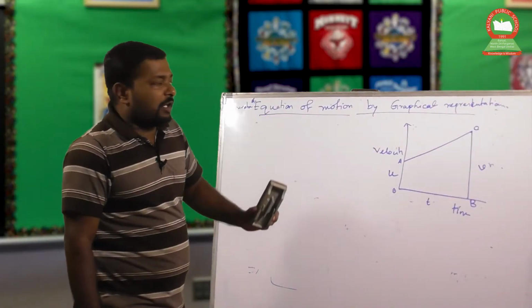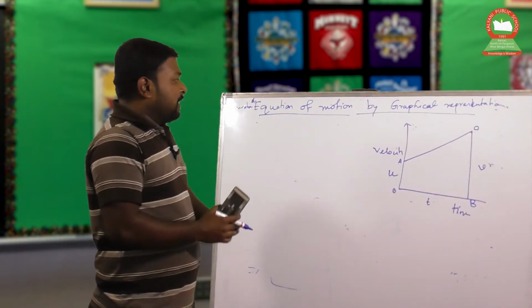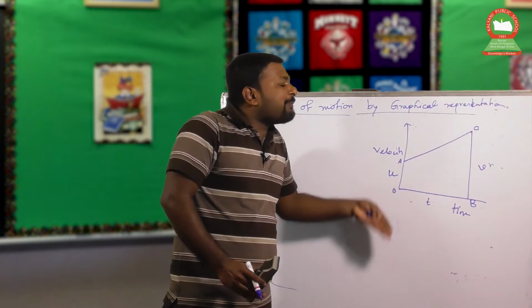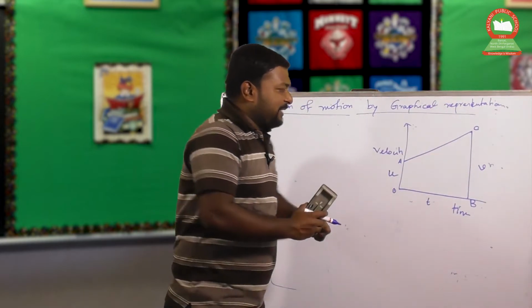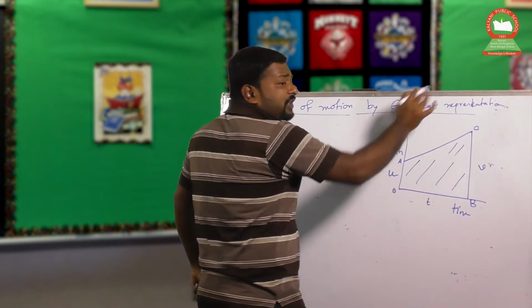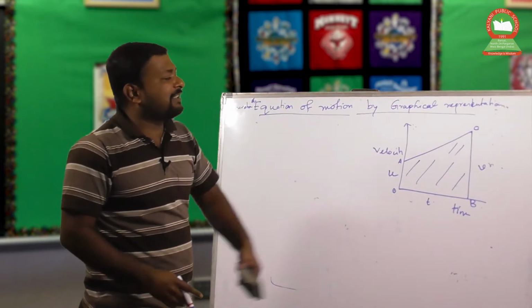Now if we calculate the distance from this graph, we have to calculate the area under the graph. That means this area. Now it looks like a trapezium, and also it is a trapezium.